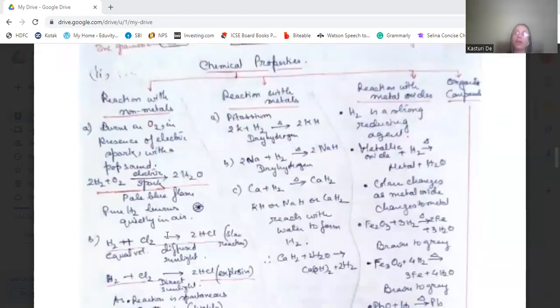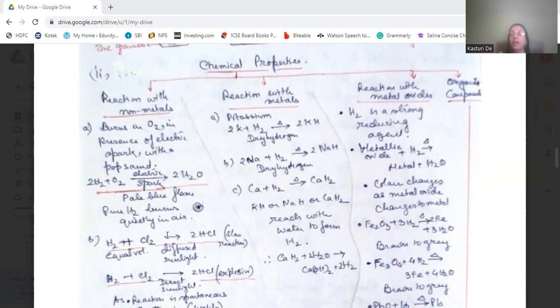Next, hydrogen and chlorine. Equal volumes of hydrogen combine with equal volumes of chlorine to form what? Hydrogen chloride, in diffused sunlight. It's a very slow reaction. But one thing, equal volumes of hydrogen have to be taken to combine with equal volumes of chlorine.